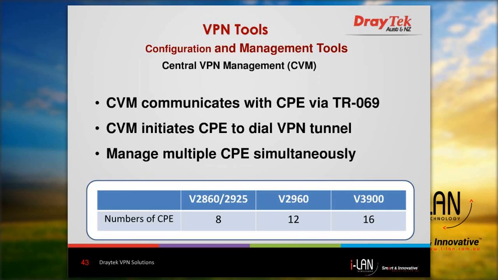And the number of CPE devices supported is determined by the router model. The Vigor 2860 and Vigor 2925 each support 8 CPE devices. The Vigor 2960 supports 12 CPE devices, and the 3900 supports 16 CPE devices.